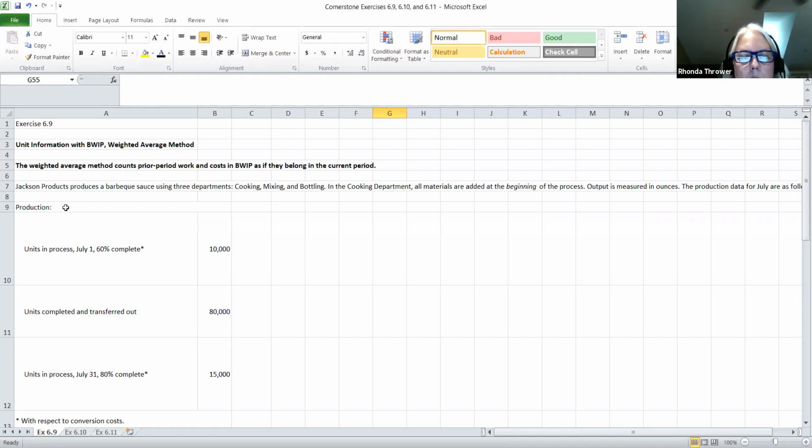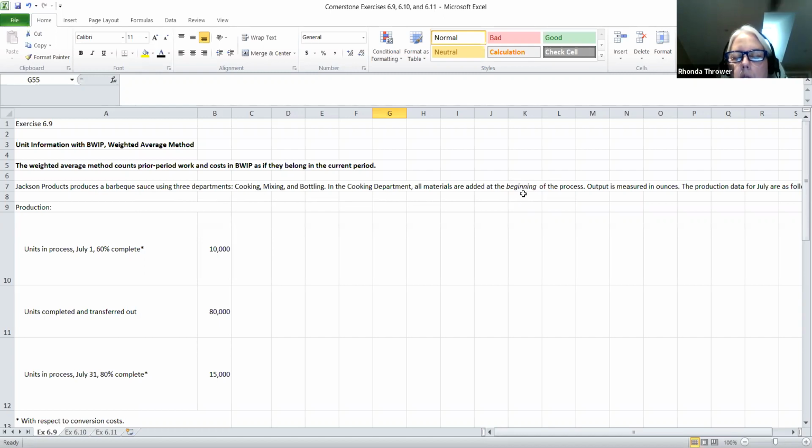In this problem, we're going to be Jackson Products, and what we're producing is a barbecue sauce. They have three departments that they're working with: the cooking department, the mixing department, and the bottling department. In the cooking department, all the materials are going to be added at the beginning of the process, and so that's important to note here.